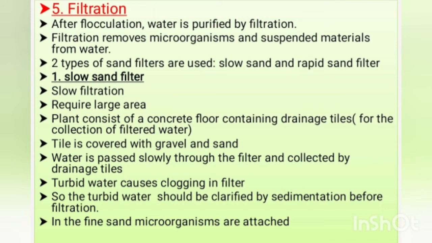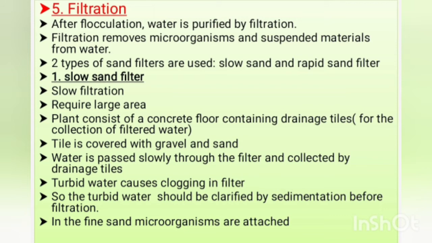First filtration method, slow sand filtration. It is a slow process and it requires a large area. This plant consists of a concrete floor containing drainage tiles. Drainage tiles are for collection of filtered water.